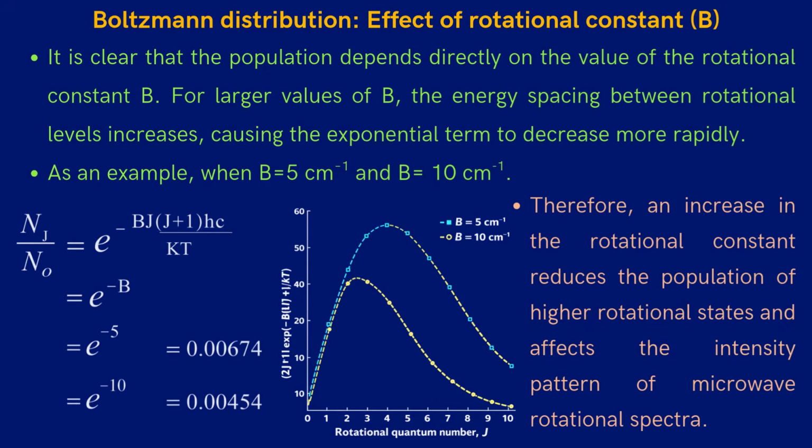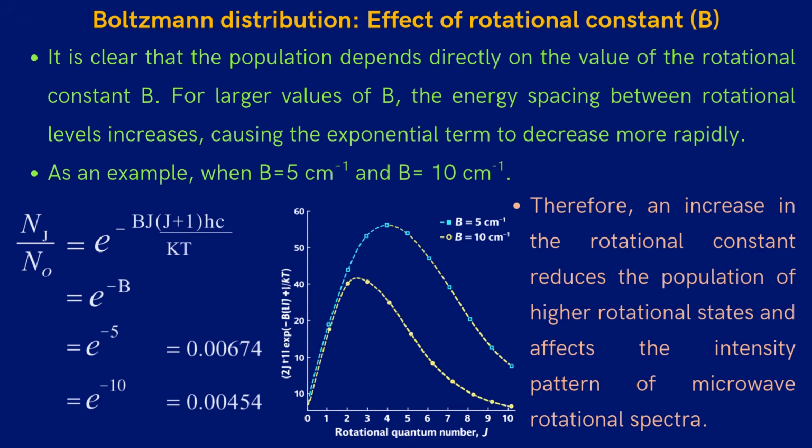Here, we can understand how the rotational constant B affects the Boltzmann distribution of rotational energy levels. From the Boltzmann distribution law, it is clear that the population depends directly on the value of the rotational constant B. For larger values of B, the energy spacing between rotational levels increases, causing the exponential term to decrease more rapidly.